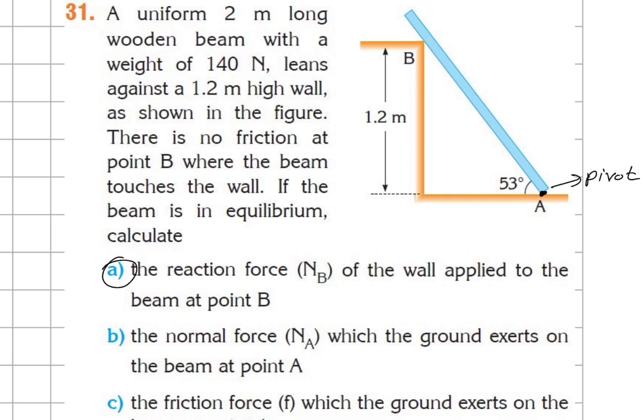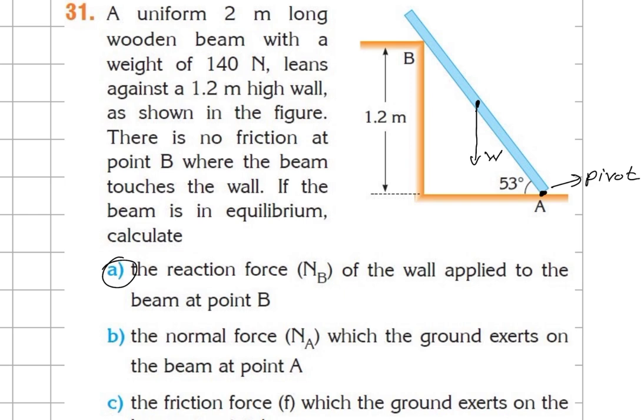And next, now let's count all the forces. One thing you have to know: the weight will be exerted exactly from the middle of the beam, that means from the center of mass. Let's say it's somewhere here, and it is downwards, like this. This is the weight of the beam.